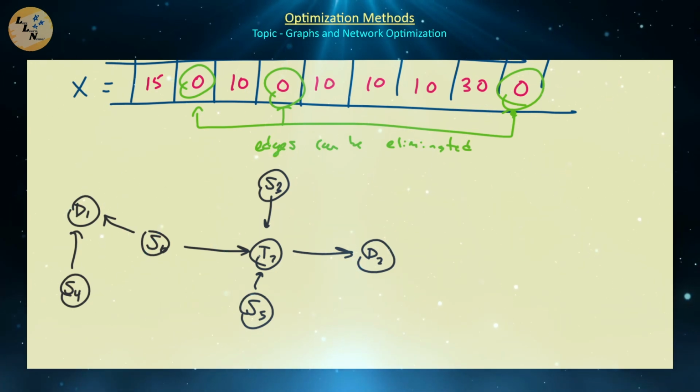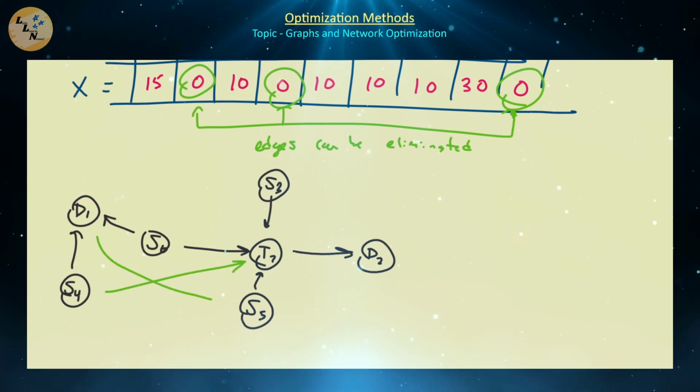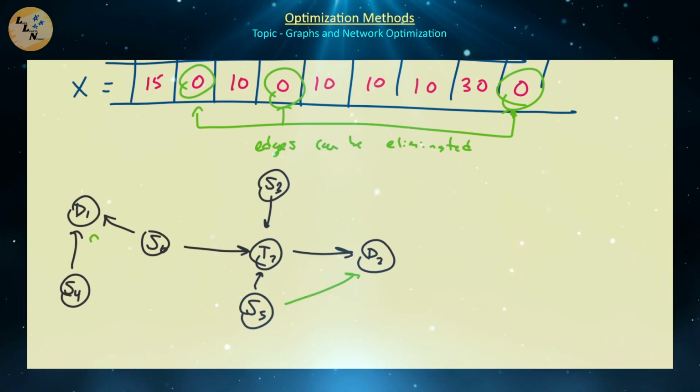Right? So what routes did we remove here? We removed that one because I guess it was too long. We removed that one because I guess it's too long. And we removed that one because I guess it went through the mountains or the rivers or had to go underwater or some crazy stuff like that, right? So we eliminated those routes. So these are the only routes that are going to have deliveries across them.